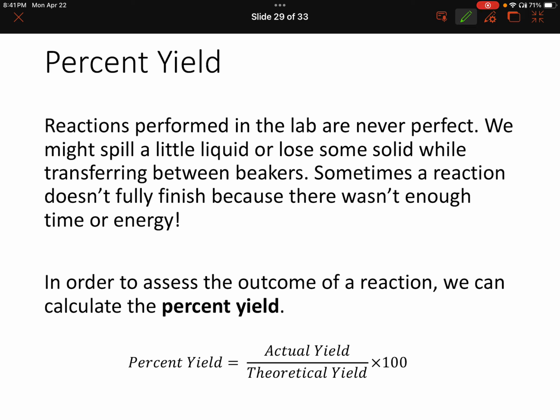So you can see the equation down below for percent yield. So this is equal to an actual yield divided by something called a theoretical yield, and then we multiply that ratio by 100. So let's talk about what those terms mean.